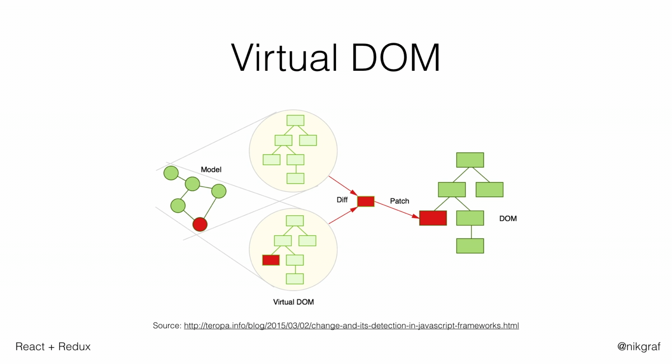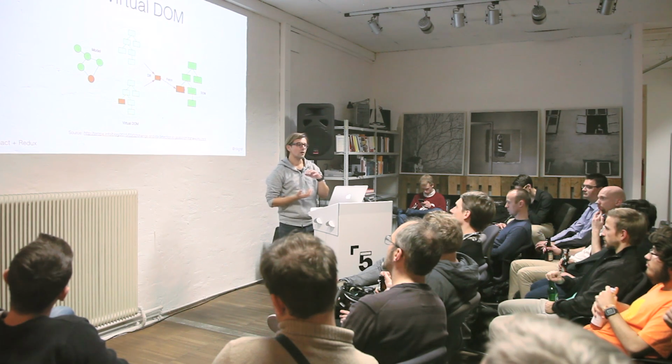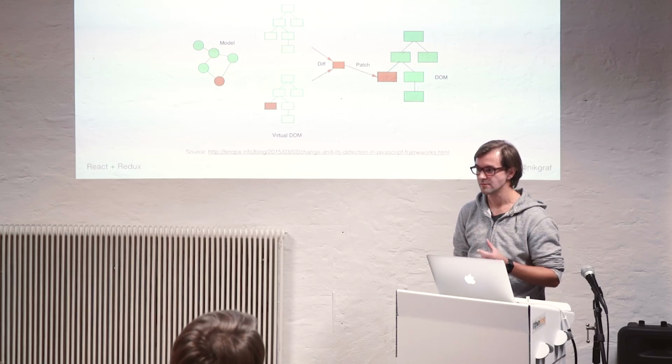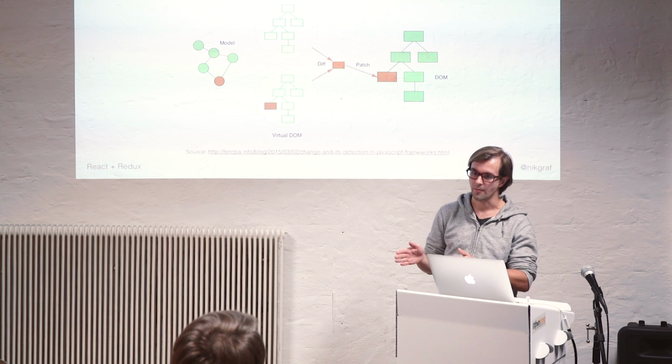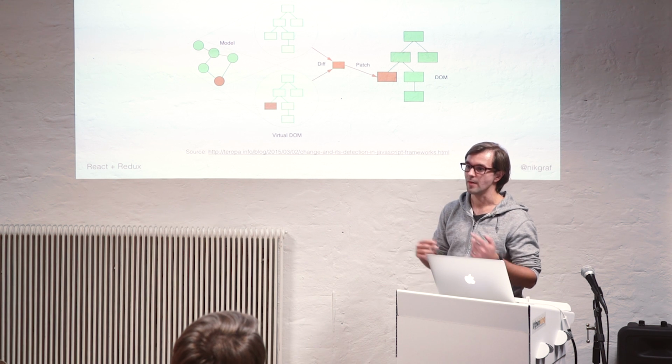It figures out, okay, when the data model changed from A to B, then actually only this one DOM node has to change, and then the virtual DOM does the real manipulation for you. Why is this beneficial? Because it's simply way faster. In the background, it works with string comparison, and that's just way faster than actually fetching a DOM node, making a comparison, and then figuring out if we should do the manipulation or not.